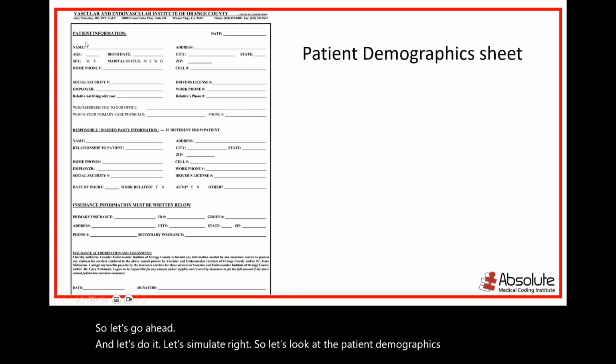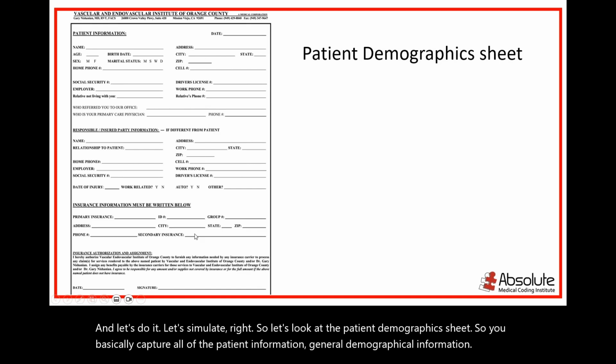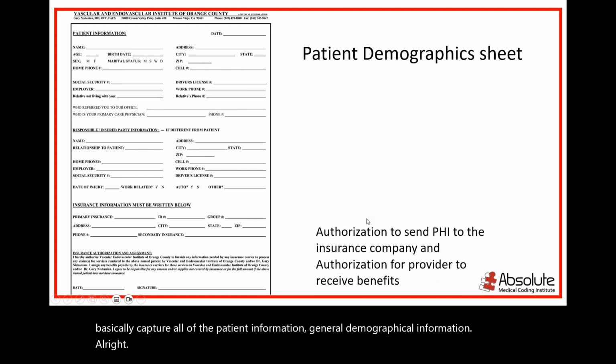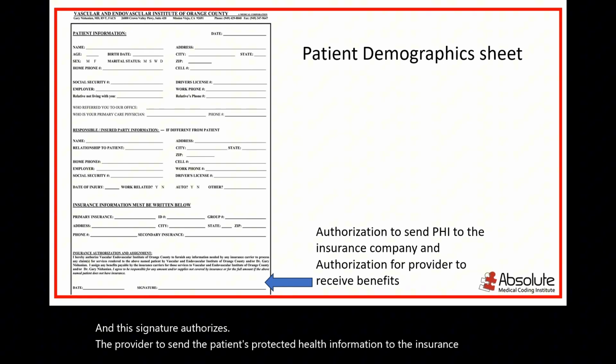So you basically capture all of the patient information, general demographic information, all right? And then we'll need the patient's signature. And this signature authorizes the provider to send the patient's protected health information to the insurance company for payment.